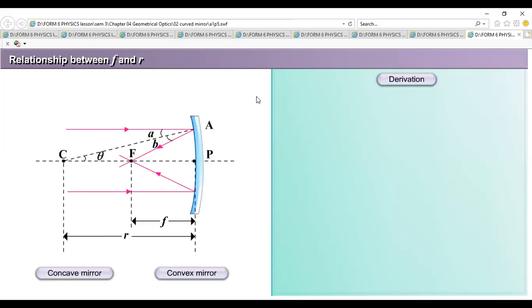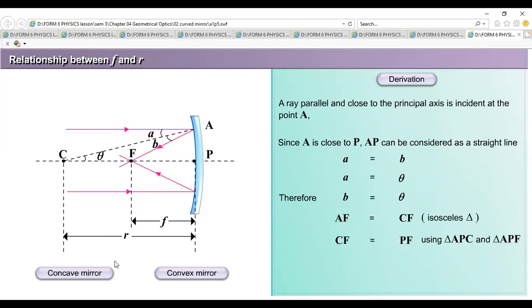For a concave mirror, this will be the distance of F, this will be the distance of R, and the angle from C, the parallel beam which is reflected to a point F. The angle A, the angle B, the angle delta, what is their relationship?